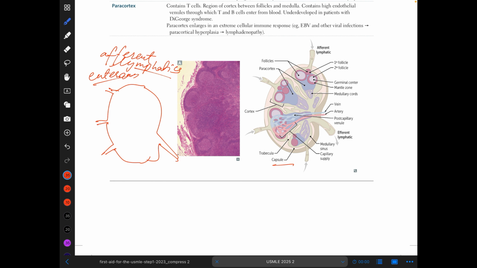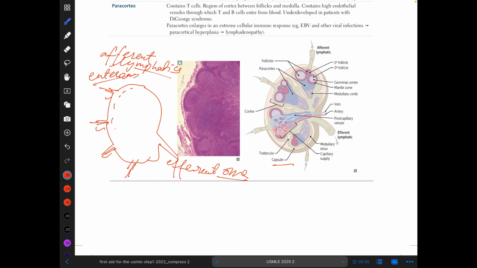The afferent lymphatics have multiple routes. One lymph node can have like 1, 2, 3, 4 routes like that. And for efferent, there is one or more only. Okay, not multiple.